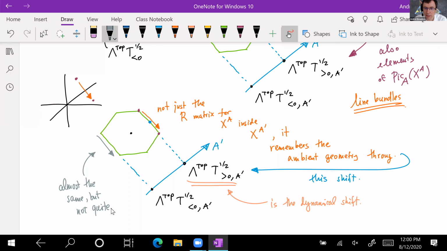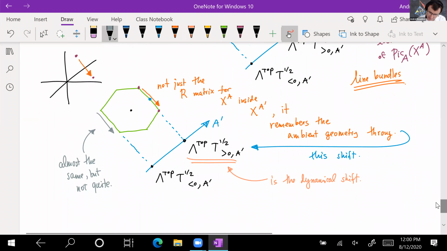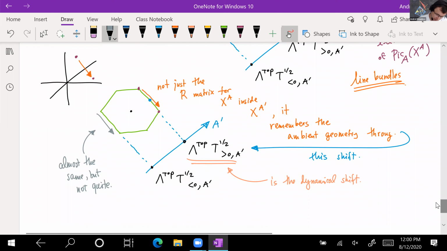But let me draw an analogy here. There's a completely analogous situation. We talked some time ago about things like three-dimensional mirror symmetry, and there's a certain interchange between the scalar variables and the covariant variables. If you do the same for the scalar variables, these two spaces will not even be the same spaces. They will differ by a flop.